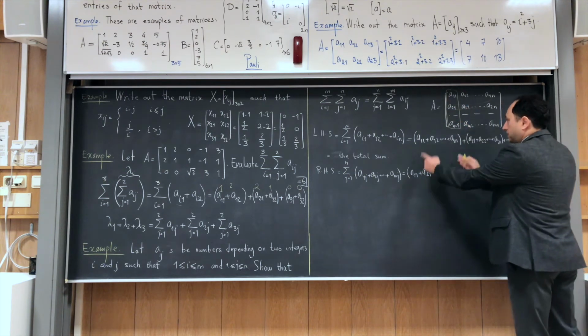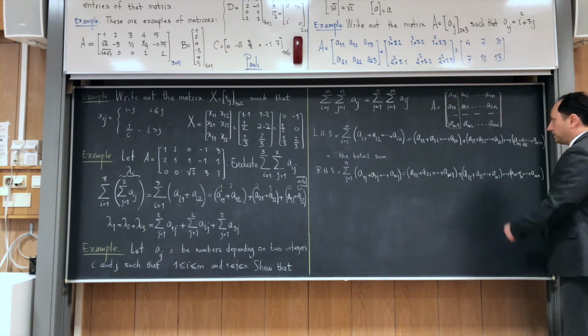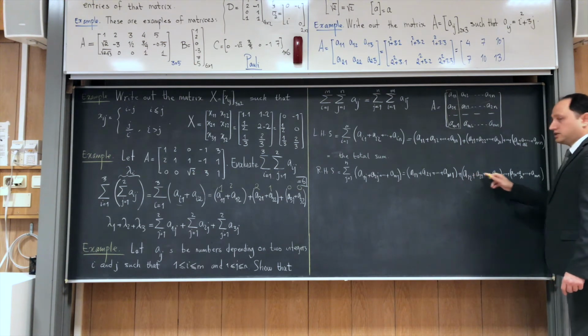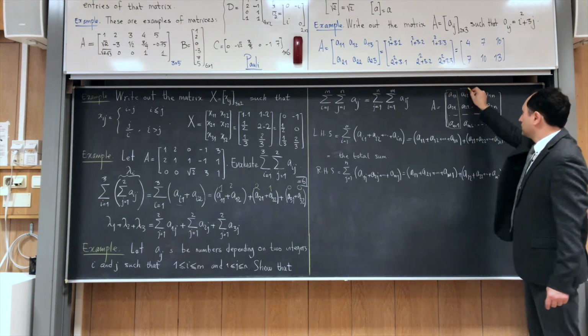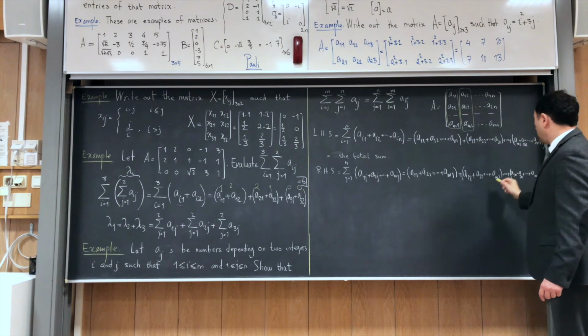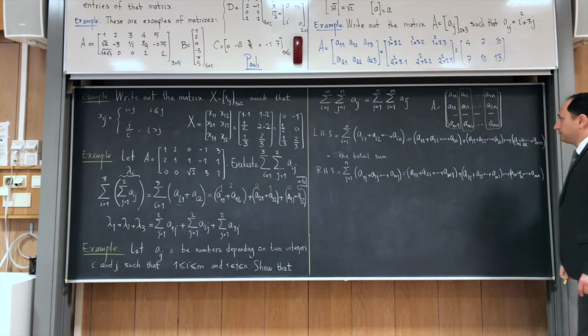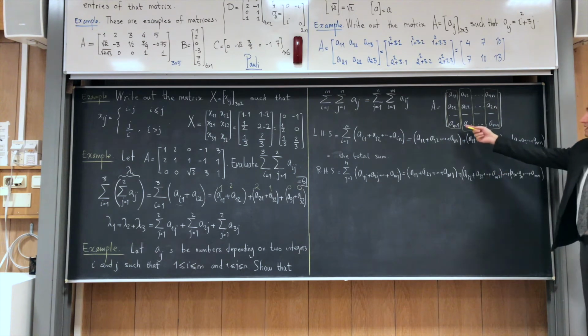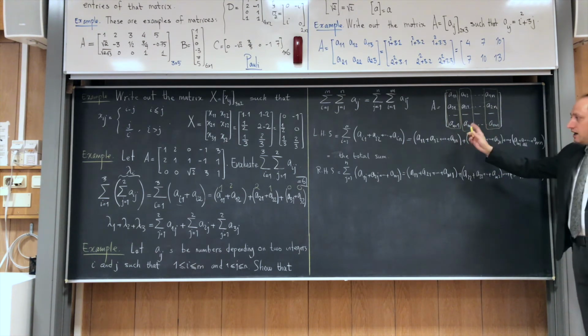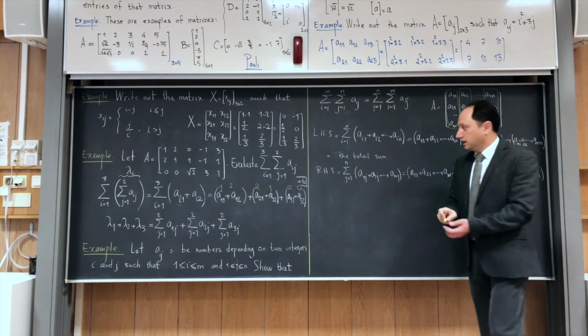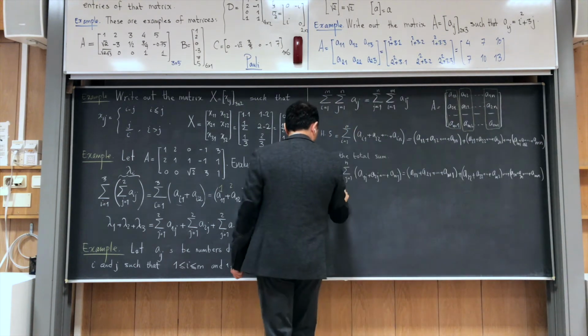So this sum is different from that sum, of course. But if you go to the next one, this is the sum of the entries on the second column. Yes? And if I go to the last one, these are the sum of entries of the last column. So it means that again, you can easily convince yourself, it's completely clear that again, I am calculating the total sum. So this is also equal to the total sum.